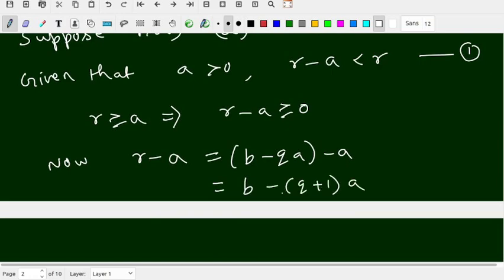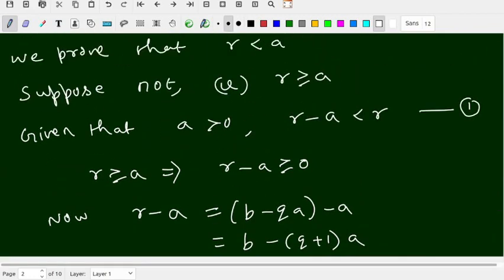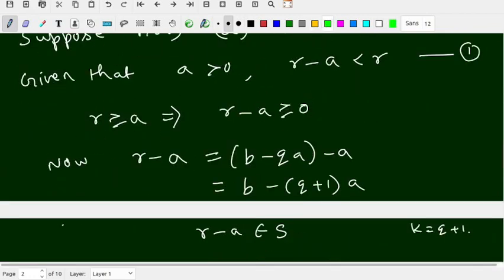So R minus a is in the form b minus some constant times a. Here k is q plus 1. R minus a is non-negative and in the form b minus ka, so it is a member of S. So what we have is that R minus a is less than R and it is a member of S.